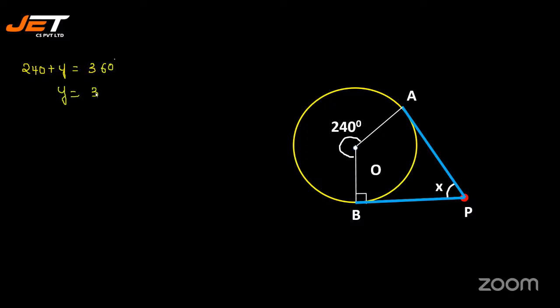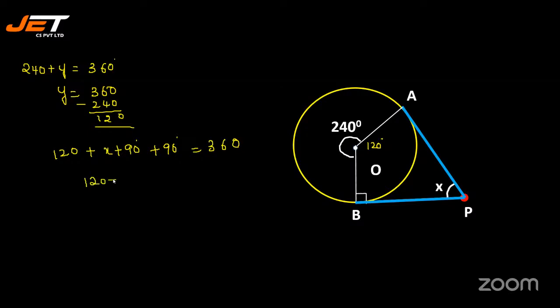So y would be 360 minus 240. So 120. Right? So this is 120. Now how do you find out the value of x? 120 plus x plus 90 plus 90 is equal to 360.